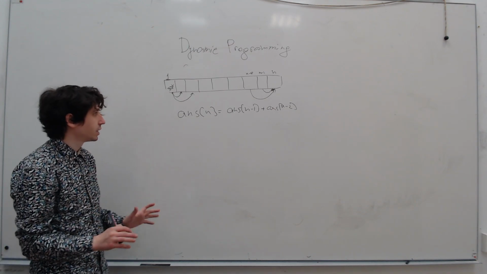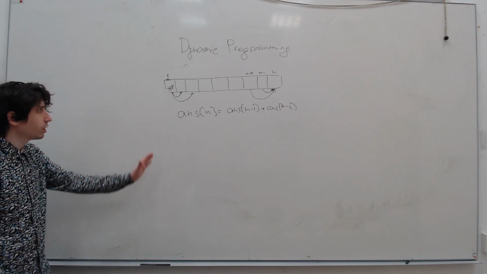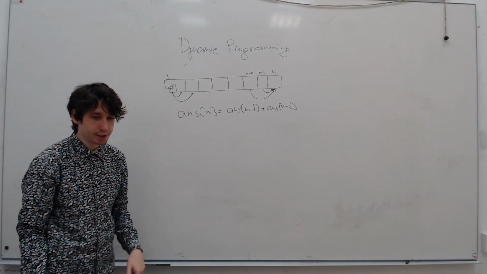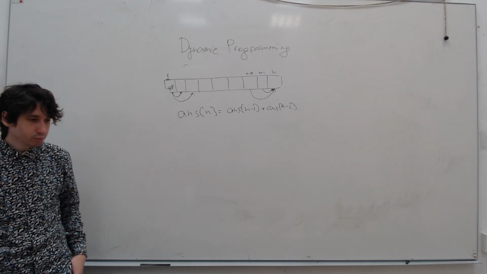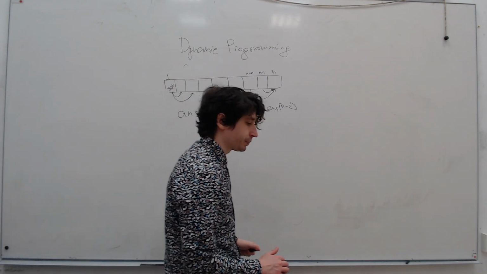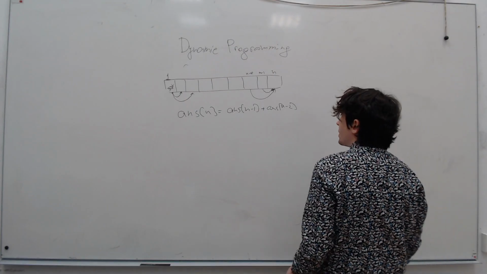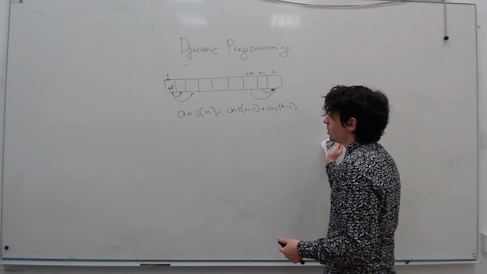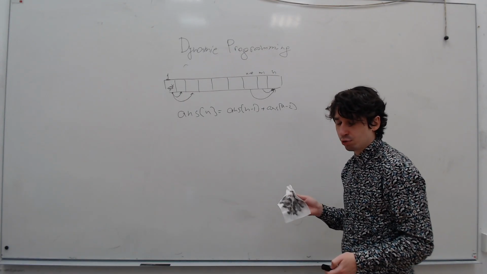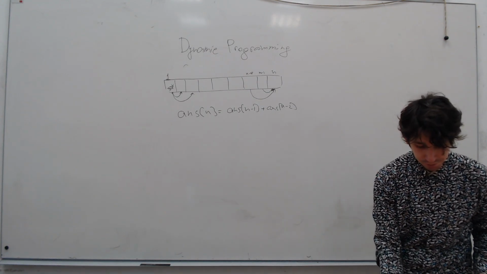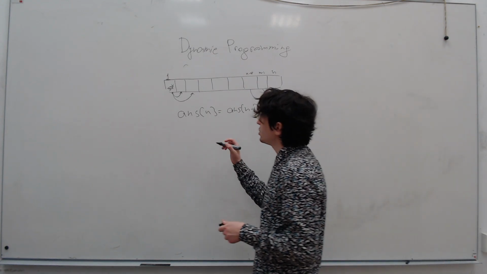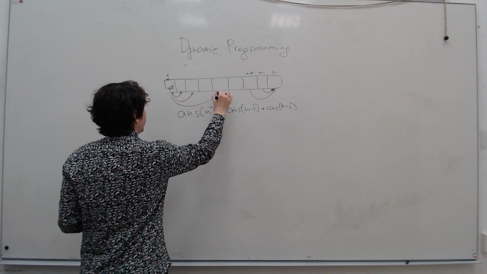Exactly the same. So you can go from left to right and calculate this as necessary. Suppose now that we have a turbo grasshopper that can jump up to k cells.